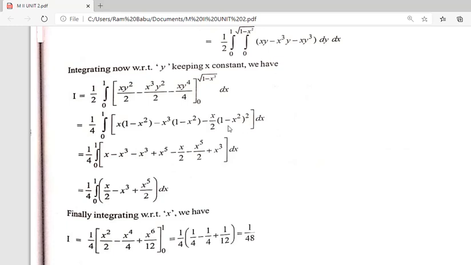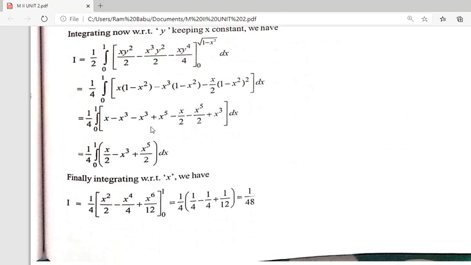First of all, split this function by using the formula a minus b whole square, where a is 1, b is x square, that is we get 1 plus x power of 4 minus 2 into x square. Then after multiplication with x by 2 we get x by 2 minus x power of 5 by 2 plus x cube dx.